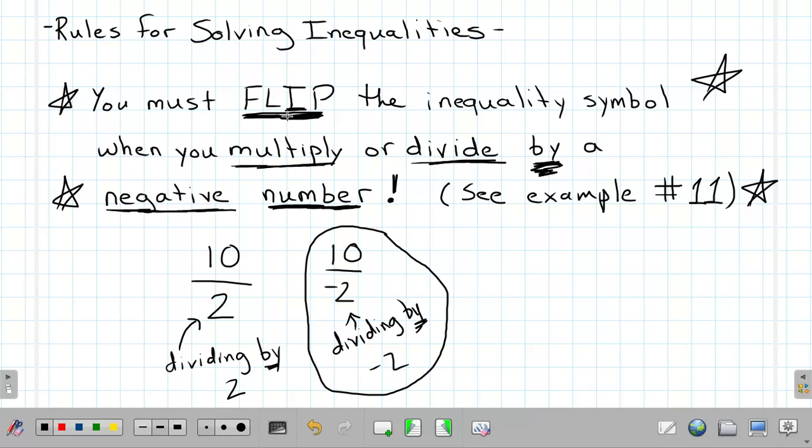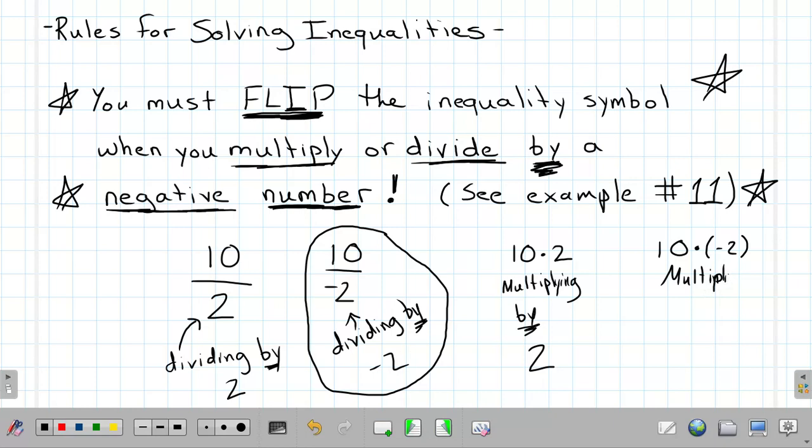Same thing happens with multiplication. If I do 10 times 2, this is multiplying by 2. But in the other way, when we multiply times negative 2, that's multiplying by negative 2.